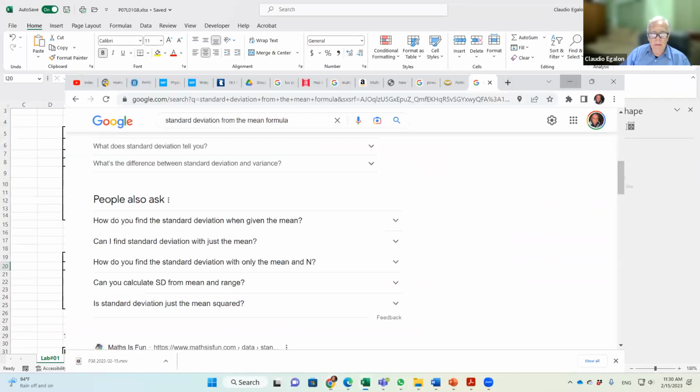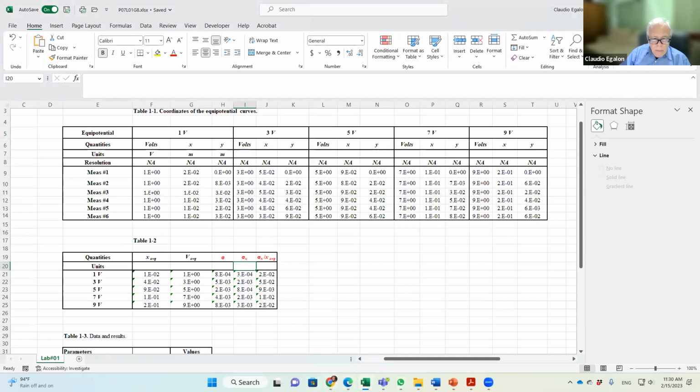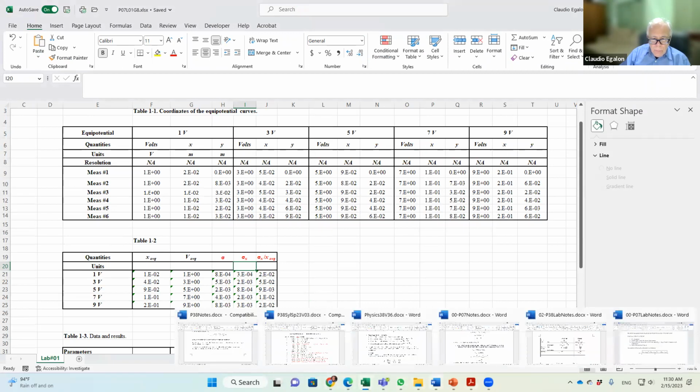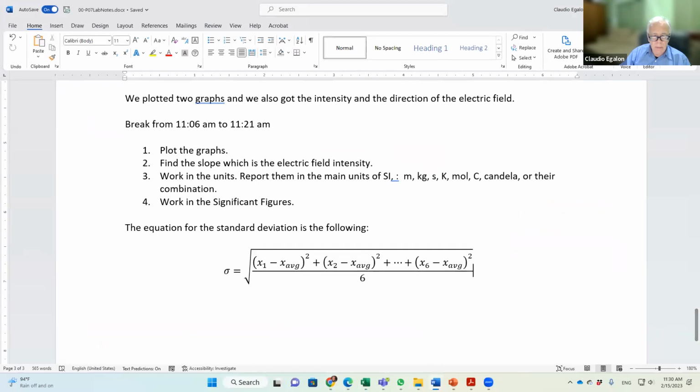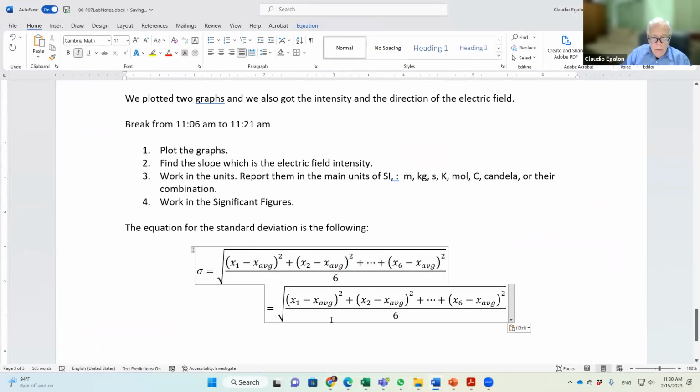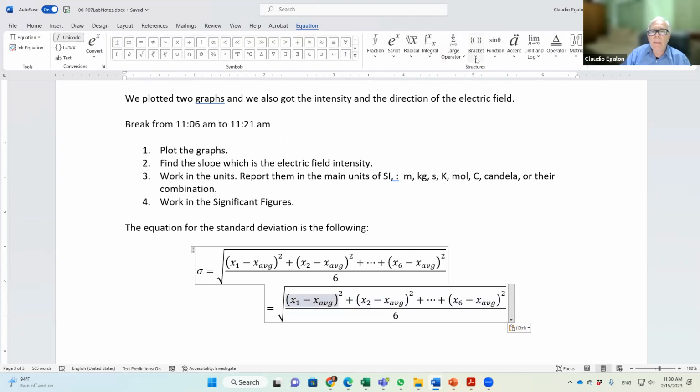I'm going to come up with the shorthand of this equation.